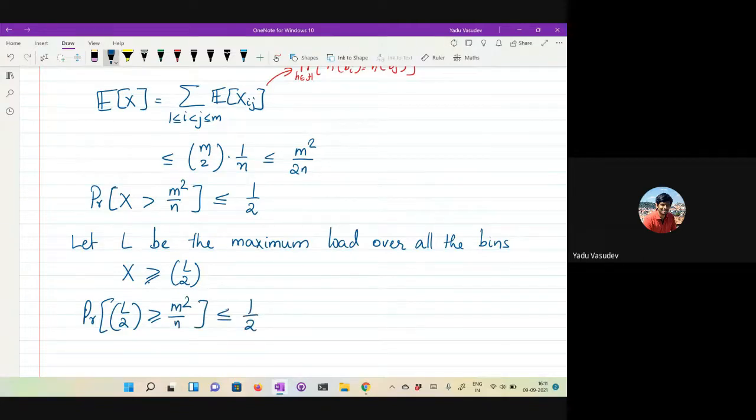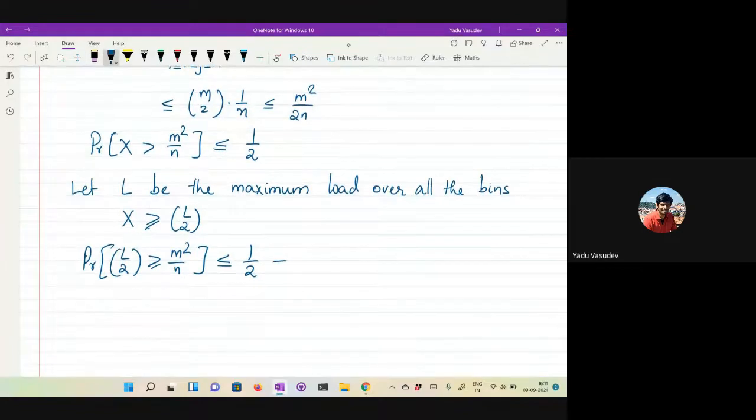In particular, the probability that your load is at least something like m square root 2 over n is at most half.